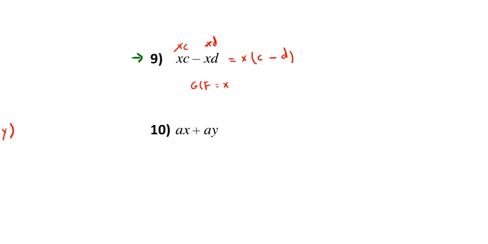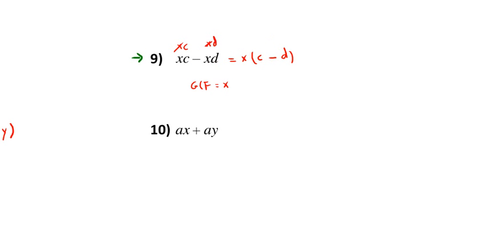Notice one more time that there is nothing in common between these two terms. And if I multiply this with the distributive property, I do get the original polynomial. x times c is xc. And then we have plus times a minus, minus. And x times d is xd.